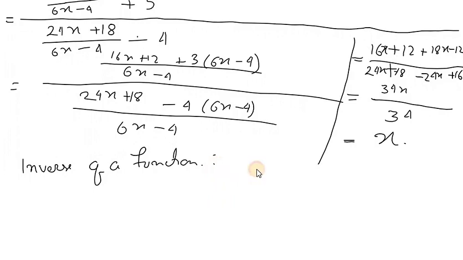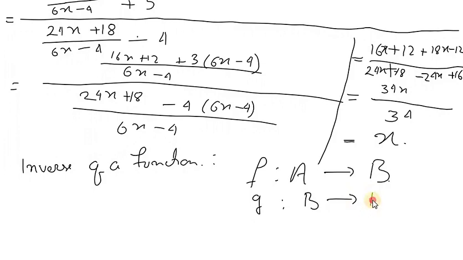If you have a function f from A to B, and another function g from B to A, if f of g is equal to the identity on B and g of f is equal to the identity on A, we say that g is the inverse of f, or f is the inverse of g.